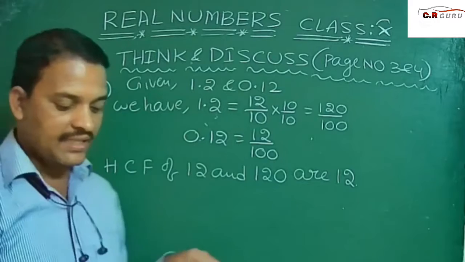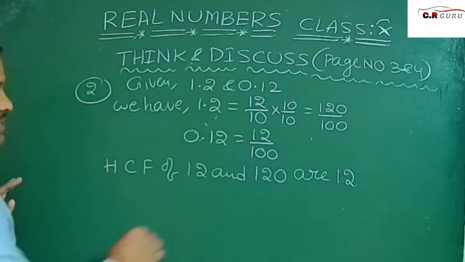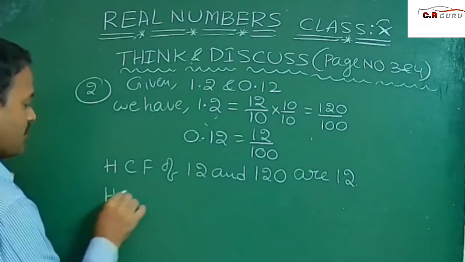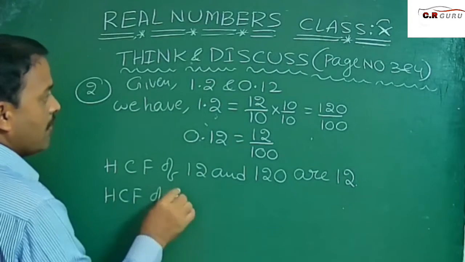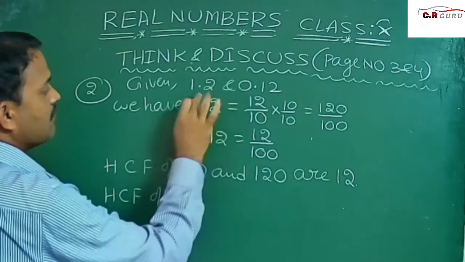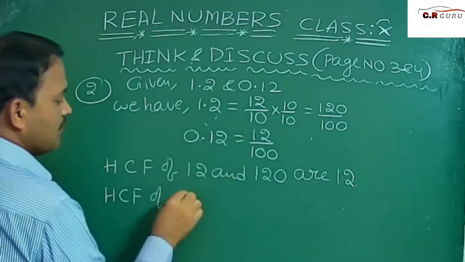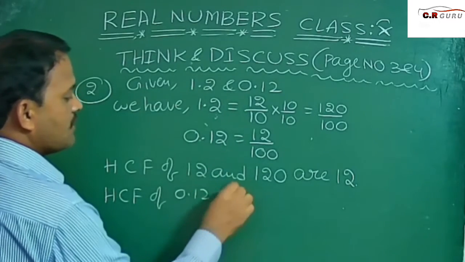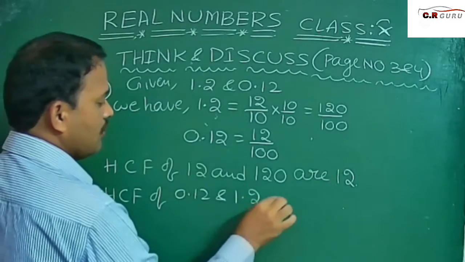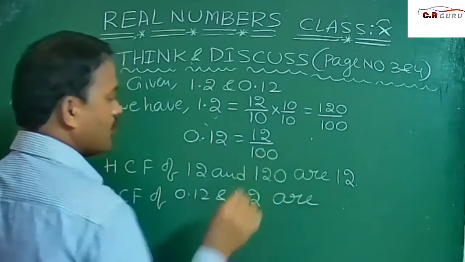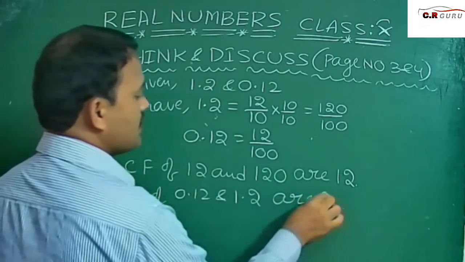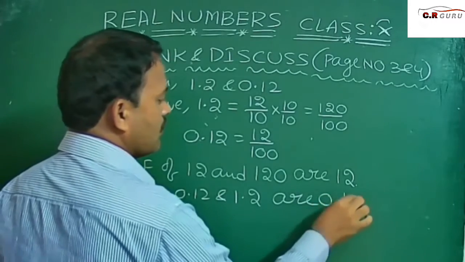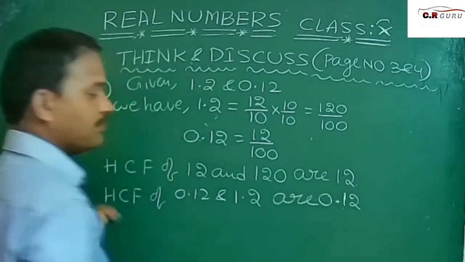So the HCF of these is 12, which corresponds to 0.12, and 120 corresponds to 1.2. So the HCF is 0.12.